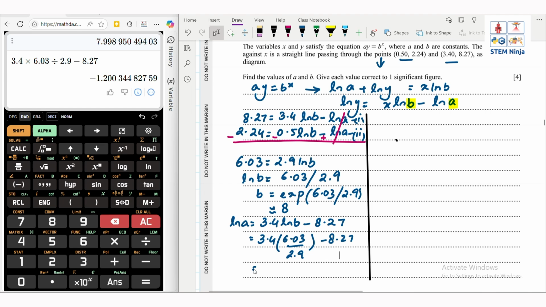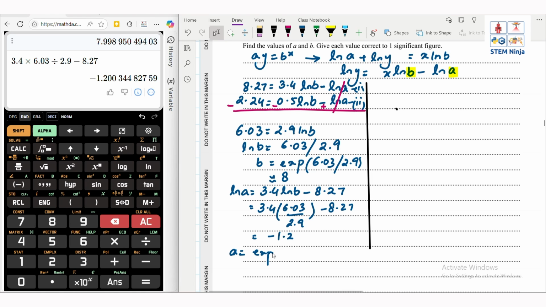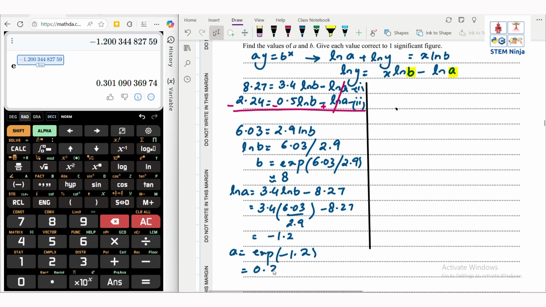With the calculator, we are getting this value, minus 1.2. So a would be the exponent of minus 1.2, e raised to power minus 1.2. We get 0.3. So these are the two values that we are getting.